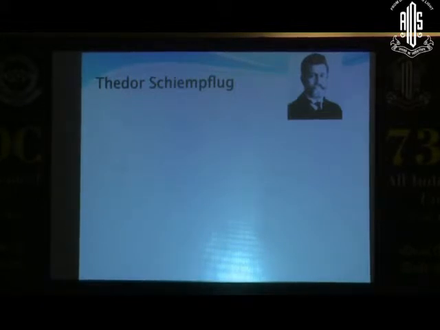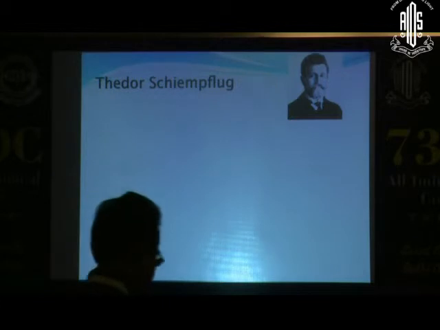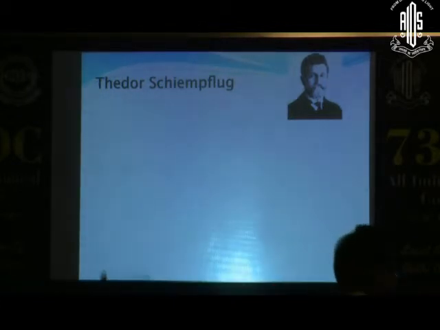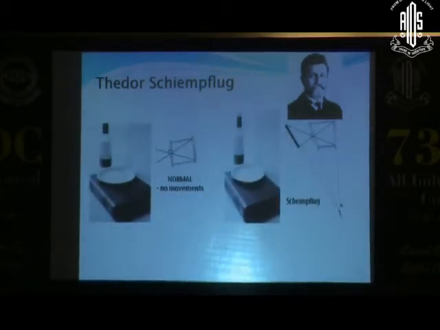It actually became famous because of Theodor Scheimpflug, but he gives the credit to Jules Carpentier, who has earlier mentioned it. Normally, when you take an image, you'll see only one part in focus.